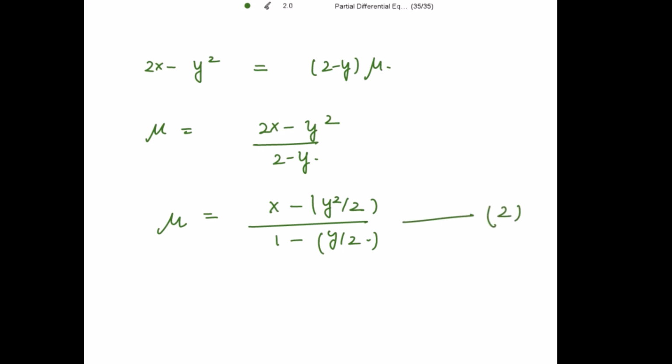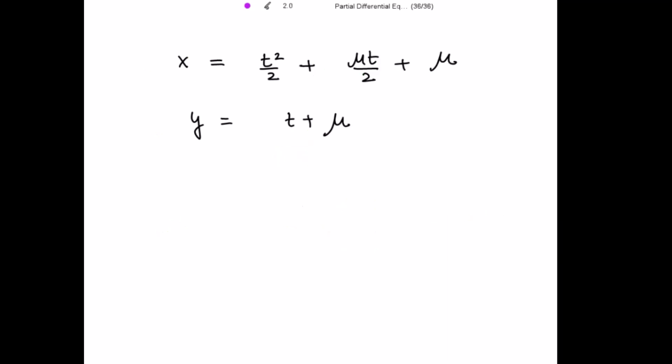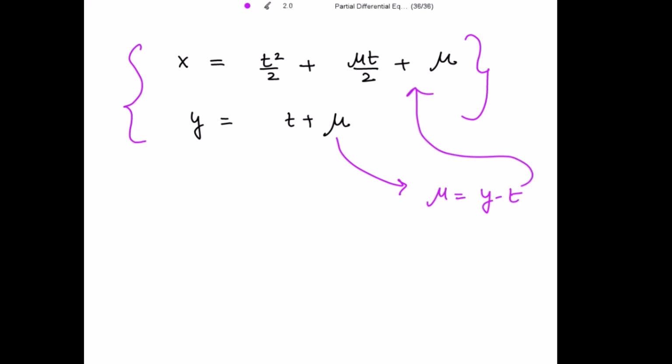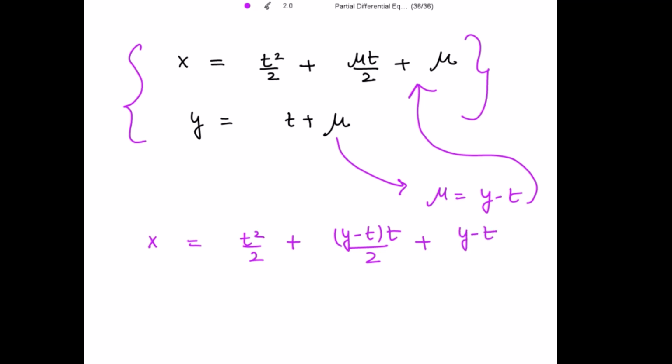And now we need to get the value of t. Now again from these two equations, let's take from here the value of mu to be y minus t and putting this value over here. So this is x equal to t square divided by 2 plus (y minus t) into t divided by 2 plus y minus t.